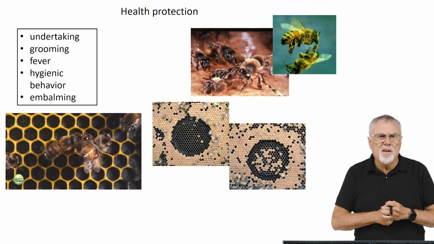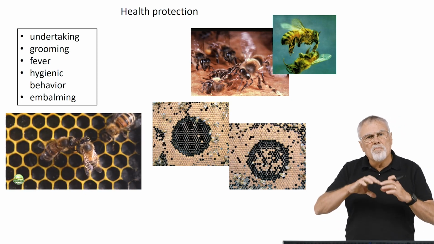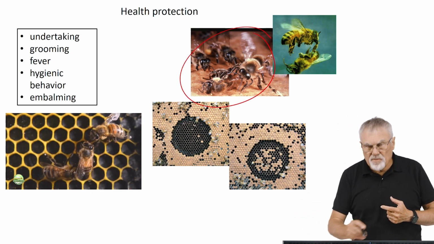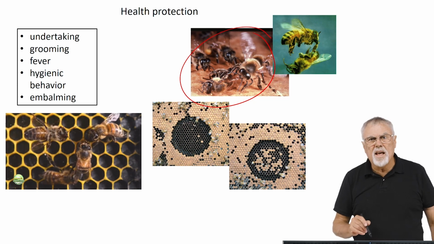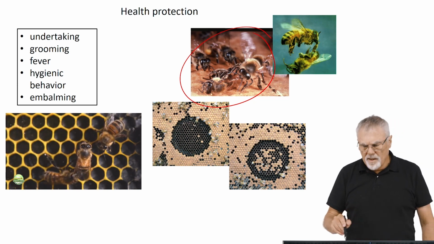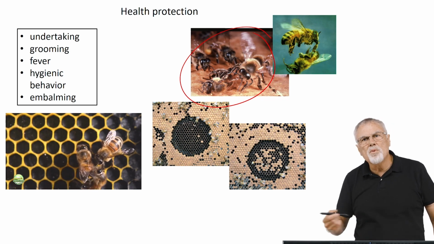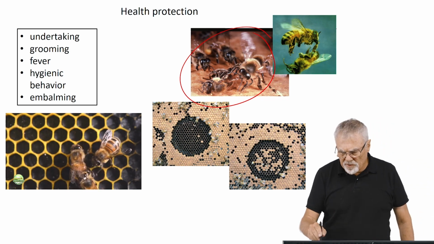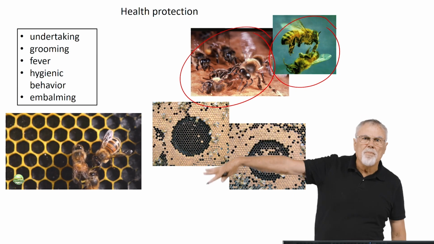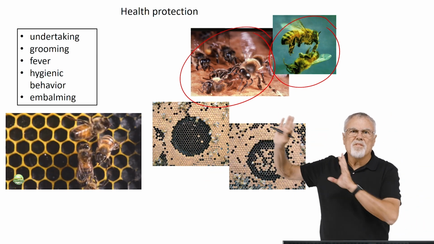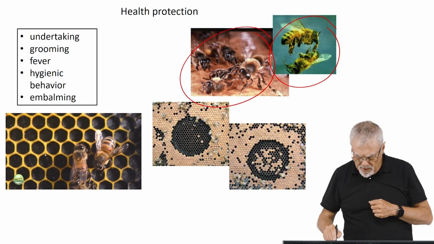They have hygienic behavior, and they will embalm things that they can't remove. So here's a case of an undertaker bee removing a dead bee that was in the nest. These dead bees could be sources of spreading pathogens, so they remove them. They haul them out the entrance, they fly through the air, and they'll drop them 100 meters or more away from the nest to get the pathogen at a greater distance.